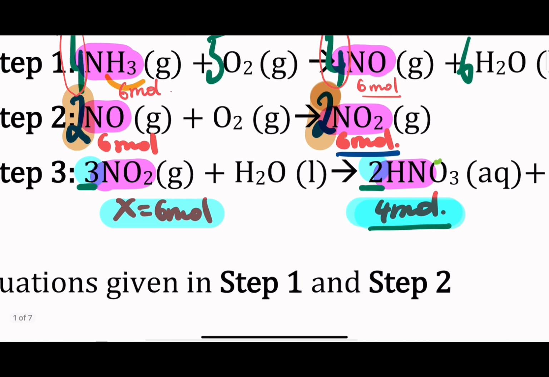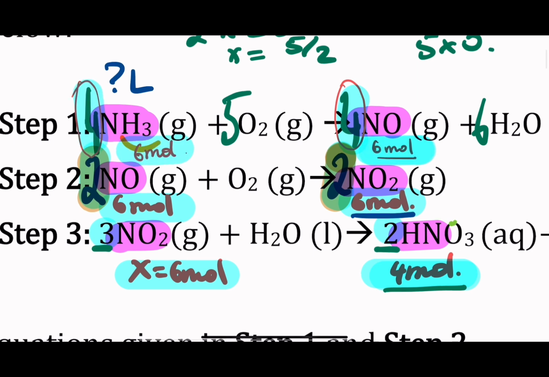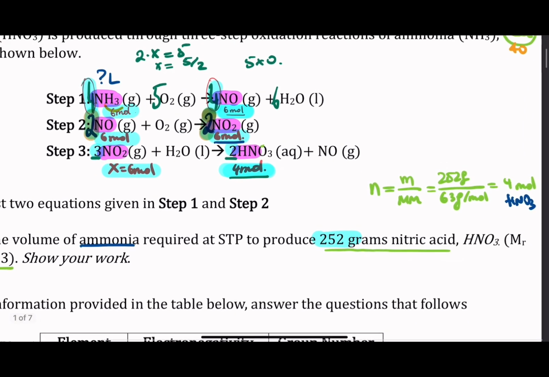And then I would put that 6 mole over here, and I would say that, okay, 2 mole coming from 2 mole, 6 mole, it would be 6 moles again. And then I would put that 6 moles over here to the NO that is made in the previous step. And then I would say, okay, 4 moles from here, and 4 moles from that one, 6 moles will make it 6 moles.